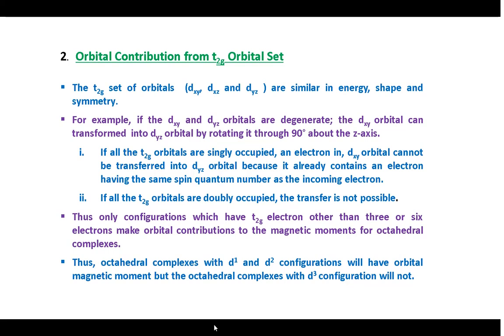Thus, only configurations which have t2g electrons other than 3 or 6 make orbital contributions to the magnetic moment for octahedral complexes. Thus, octahedral complexes with d1 and d2 configurations will have orbital magnetic moment, but the octahedral complexes with d3 configuration will not.